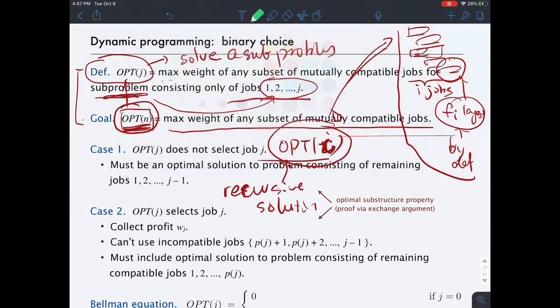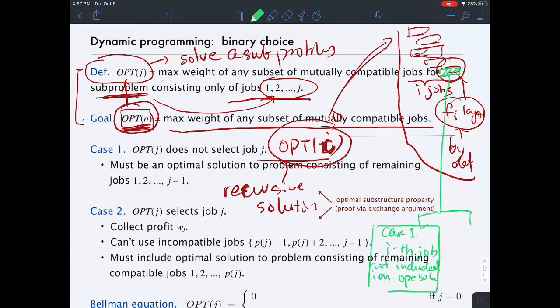Our recursion utilizes this crucial observation: there can only be two cases. Case one is that the i-th job is not included in the optimum solution. In this case, the optimal solution would look like OPT(i-1).